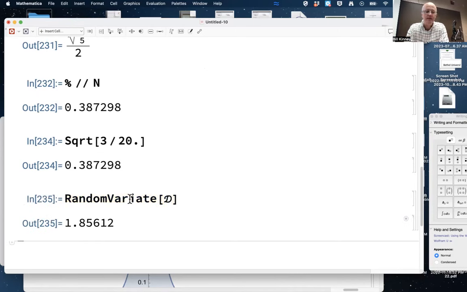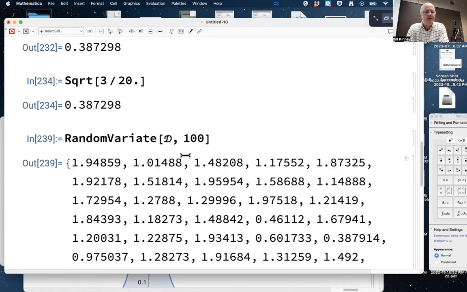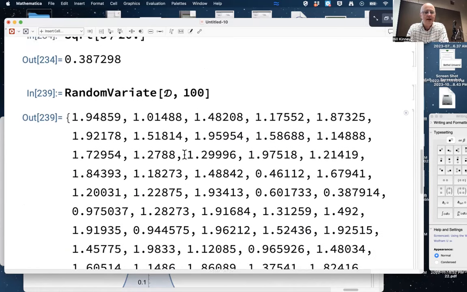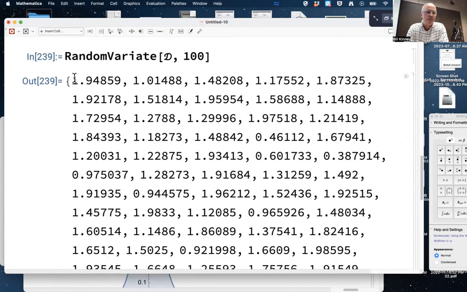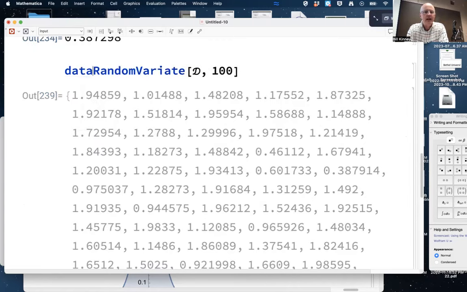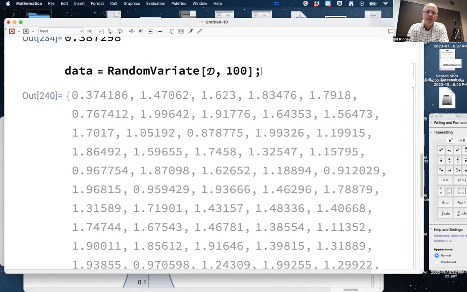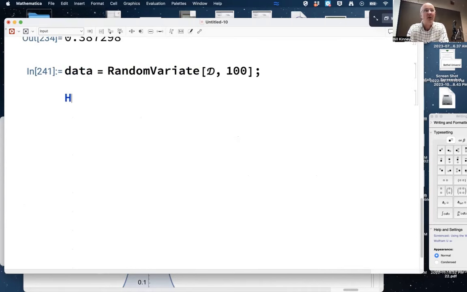There we go, 1.856. Do it again, get a different number. Put a comma 100 here, I'll get 100 observed values. Yep. Most of them are close to 2 rather than close to 0. Store this in something you might call data, semicolon suppresses output, and make a graph like a histogram.